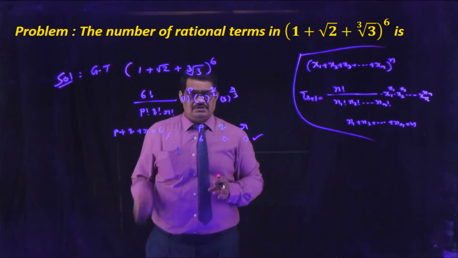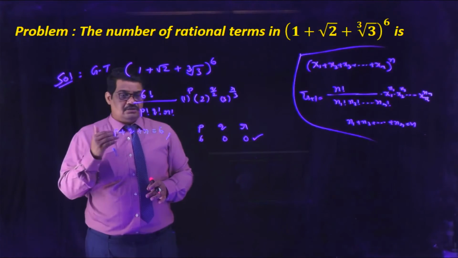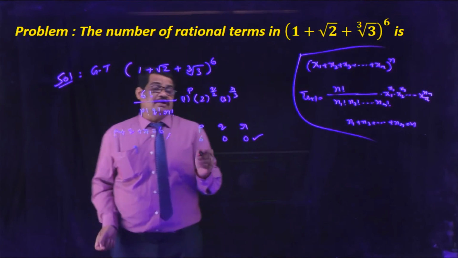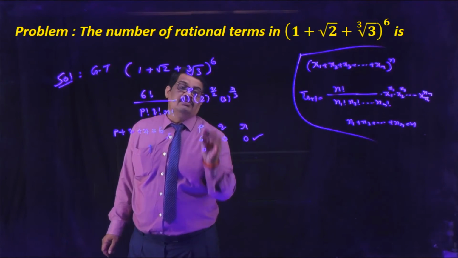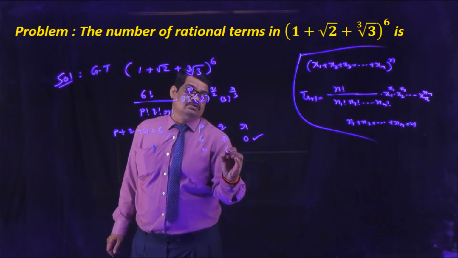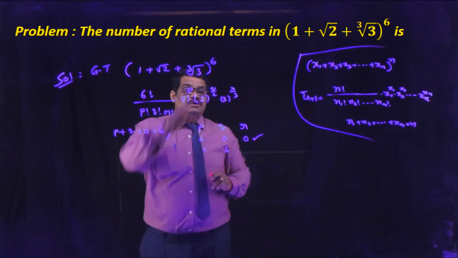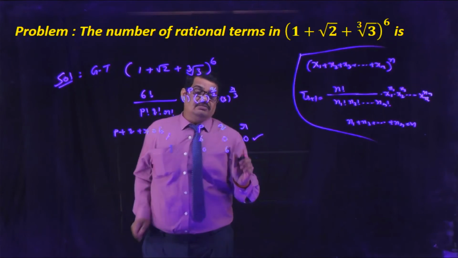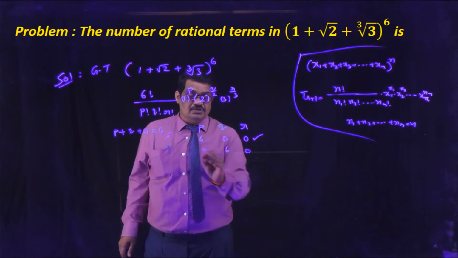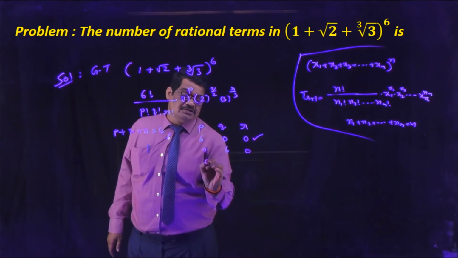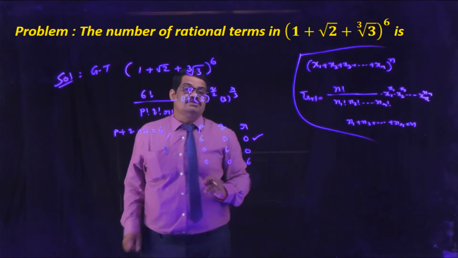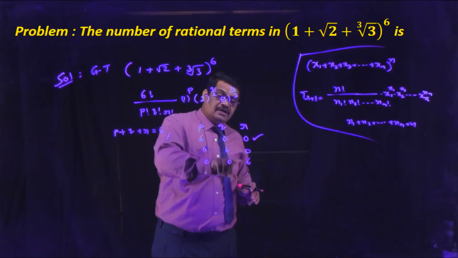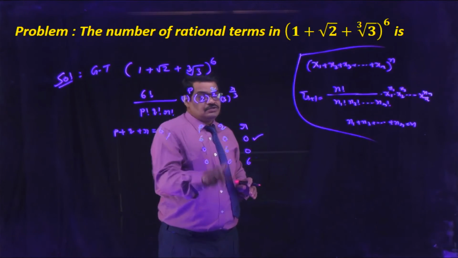This is one chance, that is one integral or rational term. Then next, q is equal to 6, so that is 6 by 2, that is 3, an integer term. So we take 0, 6, 0, and the sum must be 6. Next 0, 0, 6: 6 divided by 3, the power is an integer here. Taking r is equal to 6 and p and q zeros.